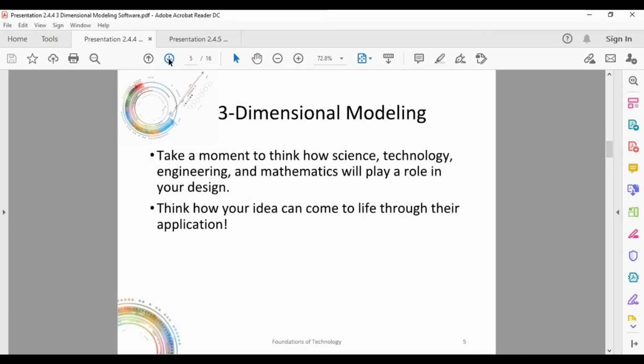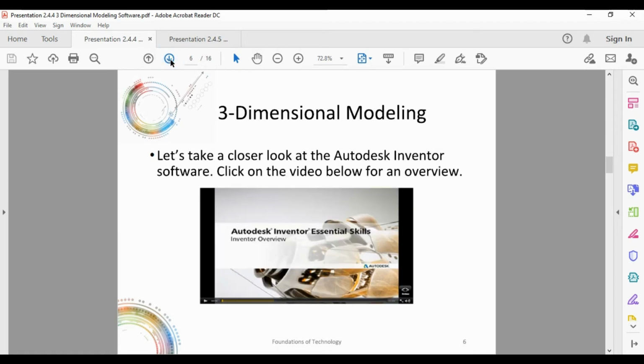So, first off, you can pause. I am posting this in the classroom, so I'm just going to move through these really quickly. They talk about the Autodesk Inventor software.